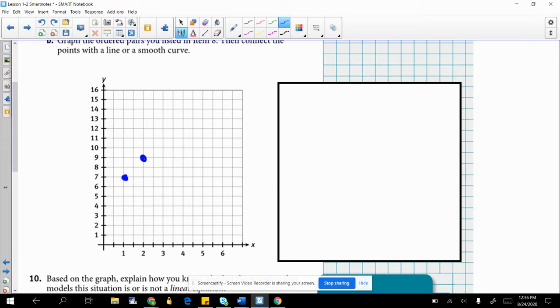Is there another way that once we know an equation, we could plot those points or we could graph this? And I want you to take a second to think about that. So without ordered pairs, how else could we graph something like y equals 2x plus 5?